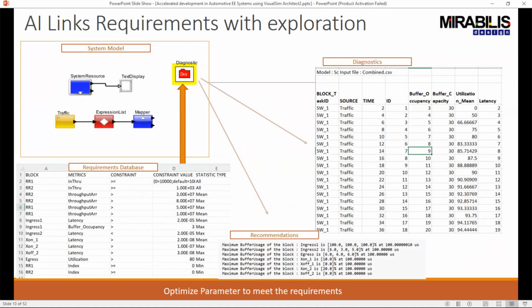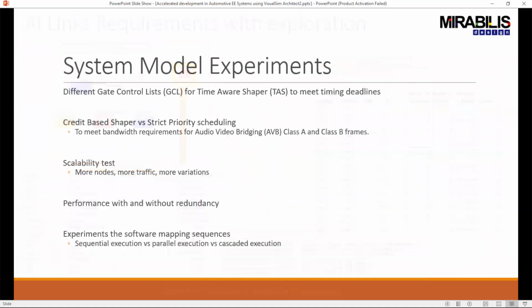This becomes very valuable for the architect in the sense that they gain insights into how to optimize the parameters and get desired results. Some of the system model experiments include the different gate control lists for the time aware shaper to meet timing deadlines, because this is what is responsible for opening and closing of the gates in the time aware shaper.